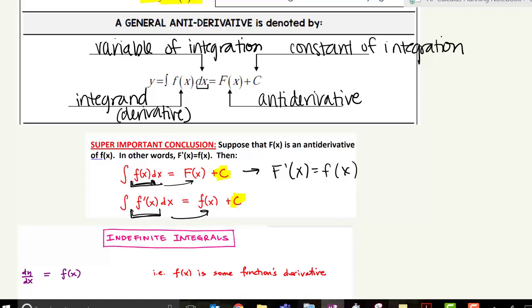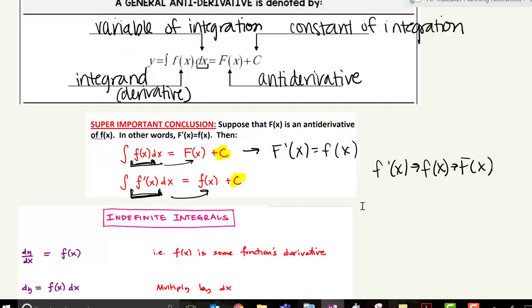However, if we're given an f prime of x in that integral, then when we antidifferentiate, that is a lowercase f of x. So it doesn't jump straight to the uppercase. The order is f prime of x, f of x, capital F of x. So that's an important thing to note: if you see it jump from capital F to f prime, that's two derivatives and not just one.